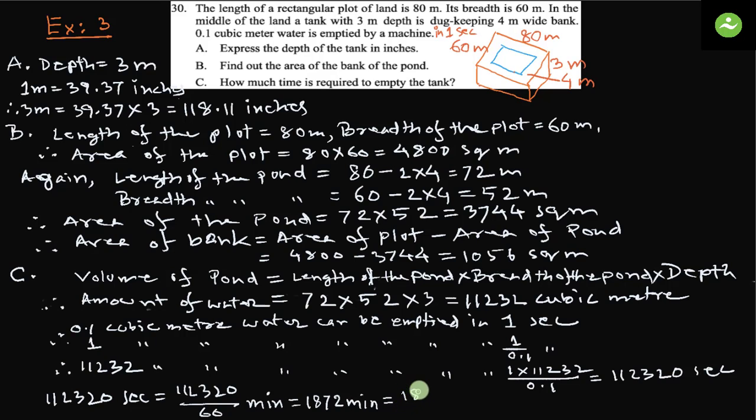So 1872 divided by 60 hours equals to, it will be 31.2 hours.